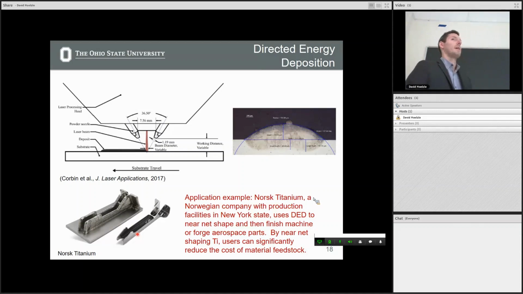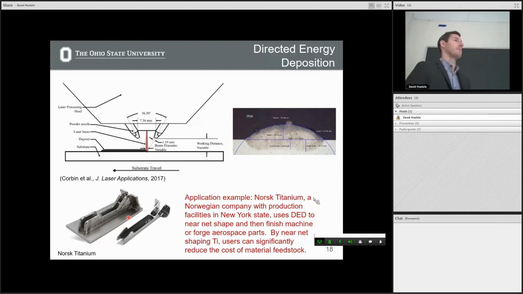Instead of putting an entire rectangular billet on the floor as chips, you're now just milling a little bit off. Titanium is quite expensive, so that's a huge cost savings for the aerospace industry when they want to make titanium parts.